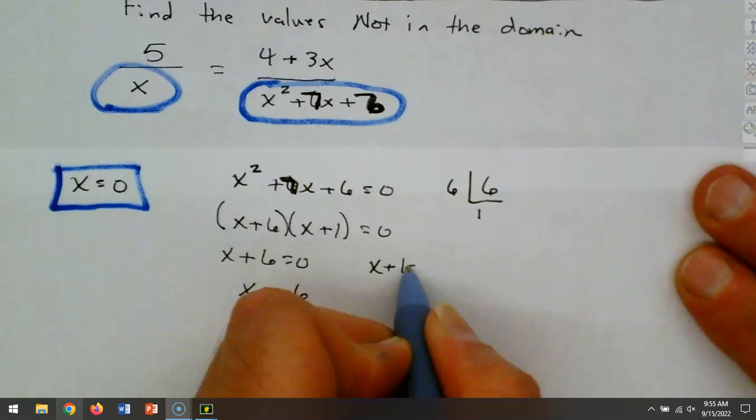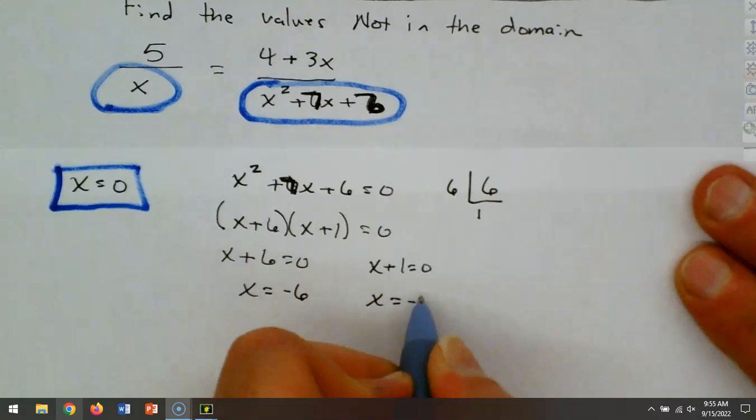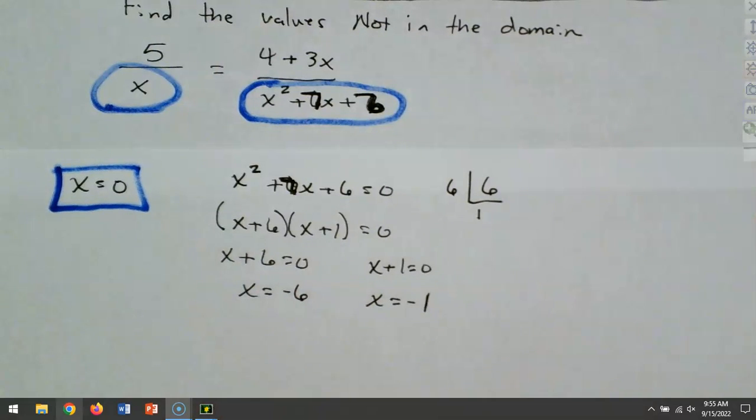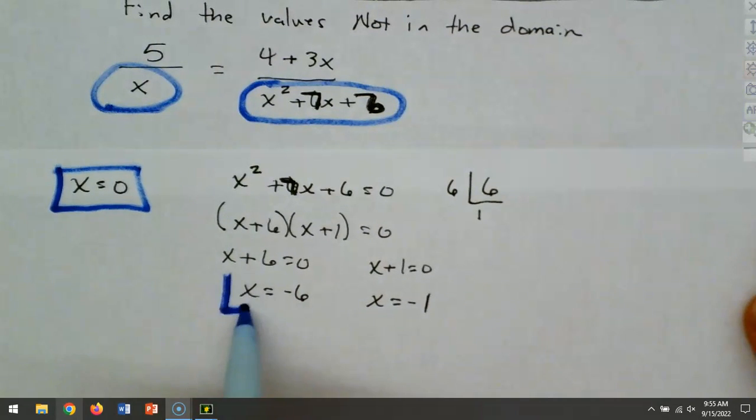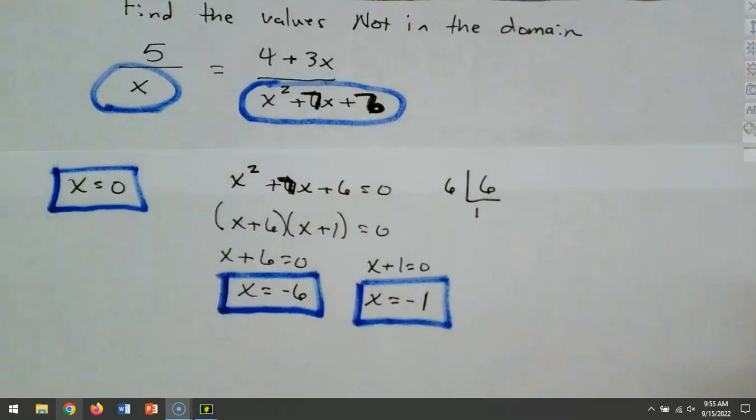And x plus 1 equals 0, so x equals -1. So these are the values that give us division by 0. And that's important that we find them, because when we start solving equations in a moment, we need to make sure that when we get a solution, it actually works. And this is going to be the first step when we go to solve some of these.